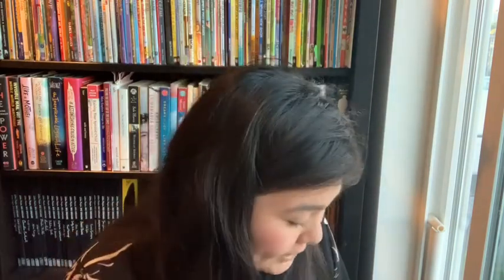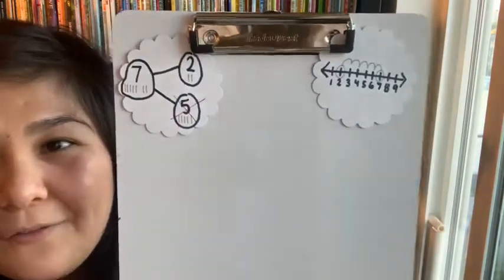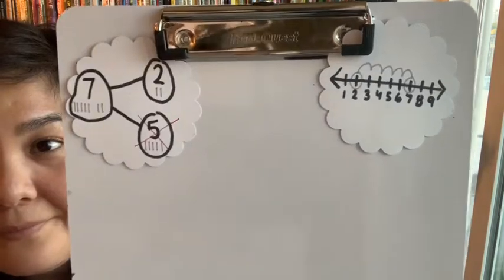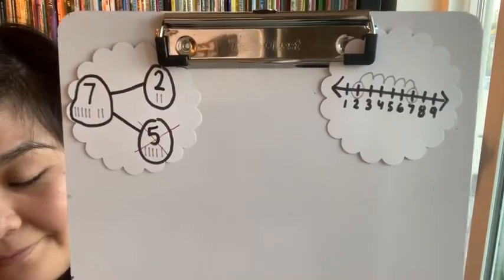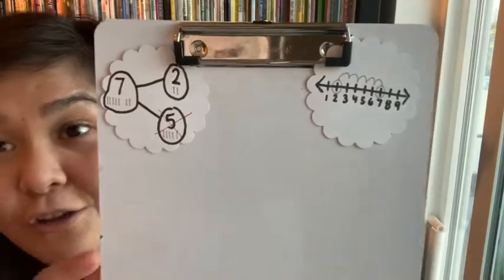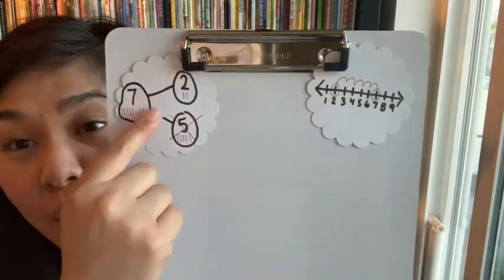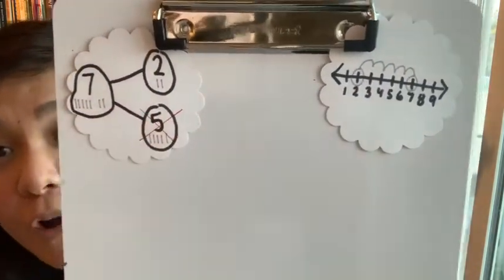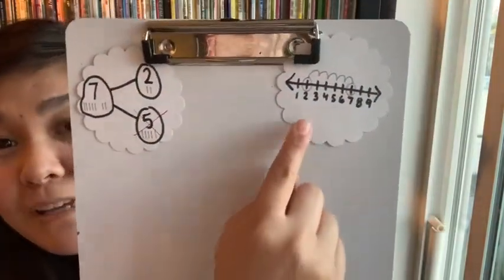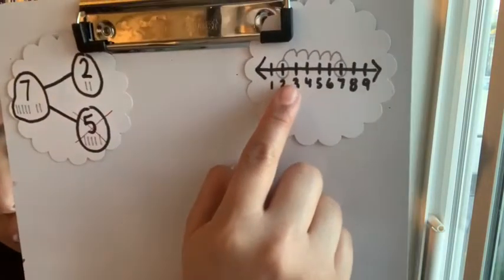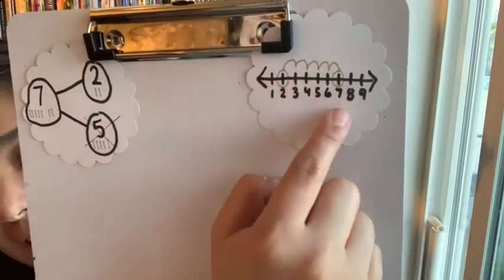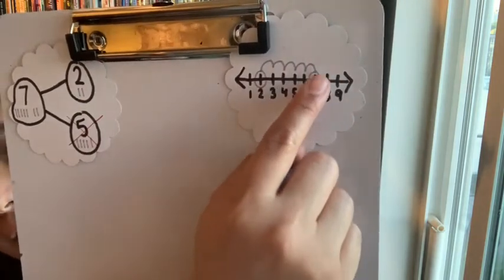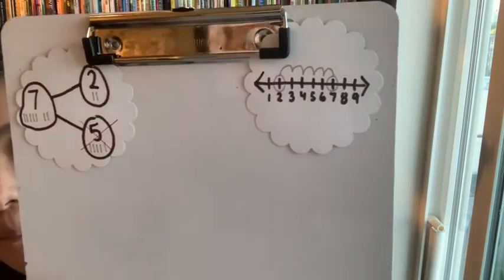I grab 2 more flashcards and do the same procedure to decide whether they're true and make sense, or they're false and they don't. So I have my number bond here. My whole is 7. My parts are 2 and 5. My 5 is taken away, and I'm looking at my number line, where either I started at 2 and jumped 5 to get to 7, or I started at 7 and jumped backwards to get to 2.